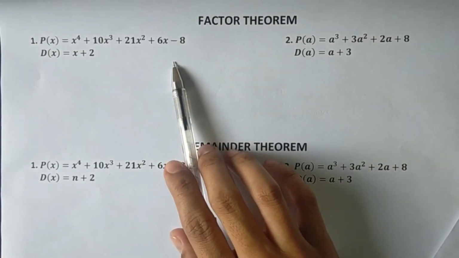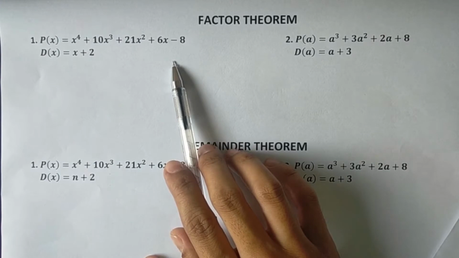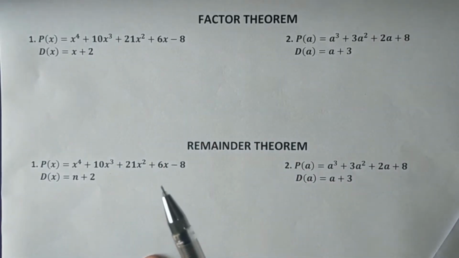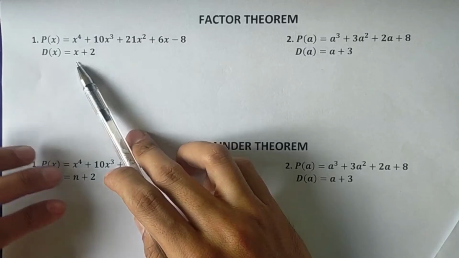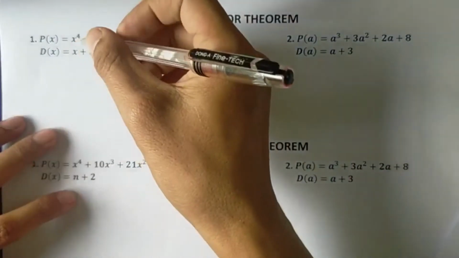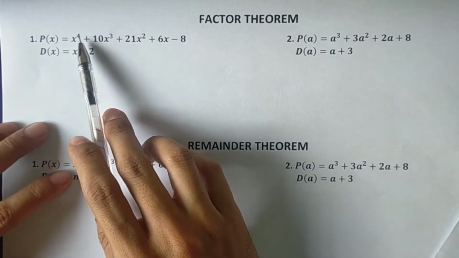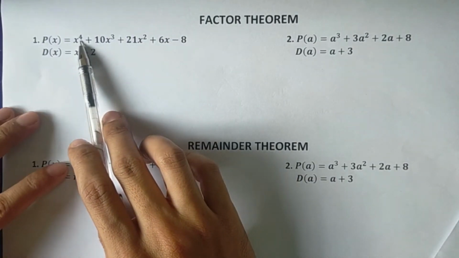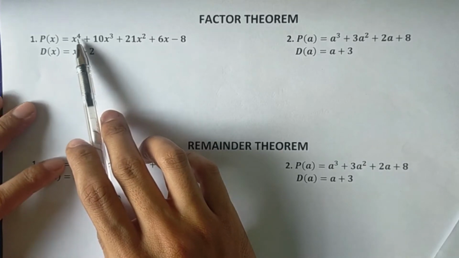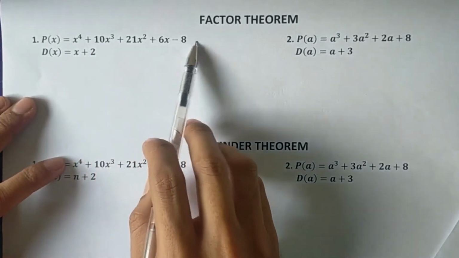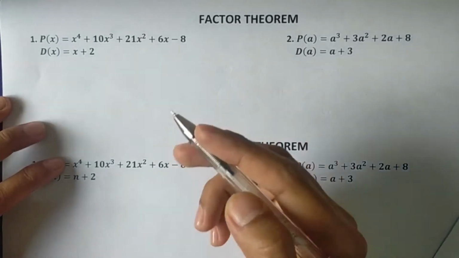You can use any of the methods that I discussed with you last week, whether it is synthetic division or long division. Using synthetic division, we are going to use the numerical coefficients, but check first if the exponents are in descending order of power, so 4, 3, 2, 1, 0. So it is already arranged.